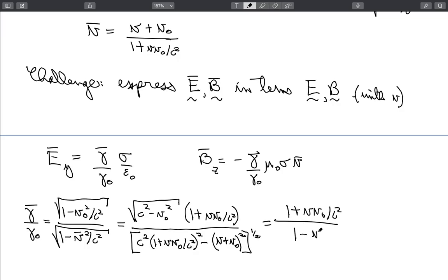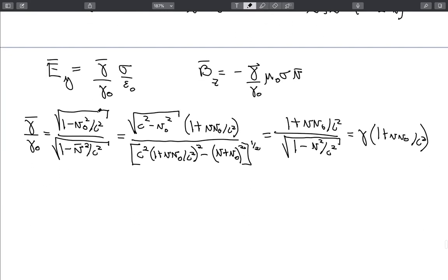So 1 minus v squared over c squared, and then square root. Okay, and this is just recognizing my gamma. It's gamma times 1 plus v0 over c squared. Okay, so that's the first step.